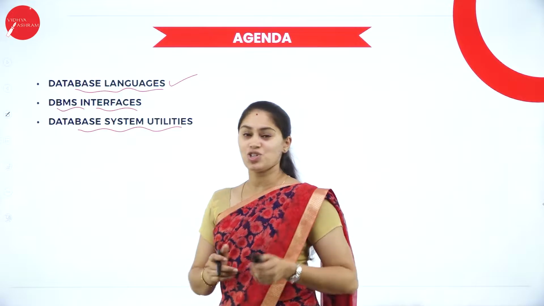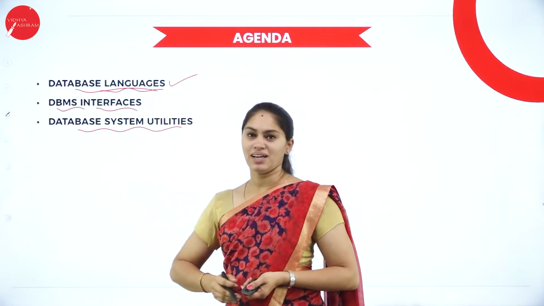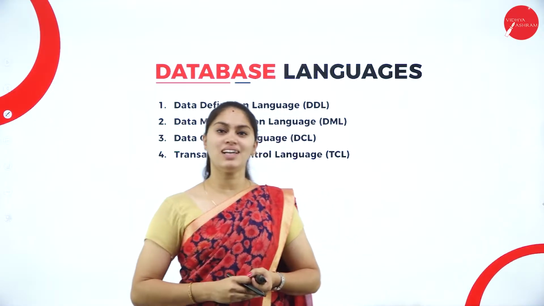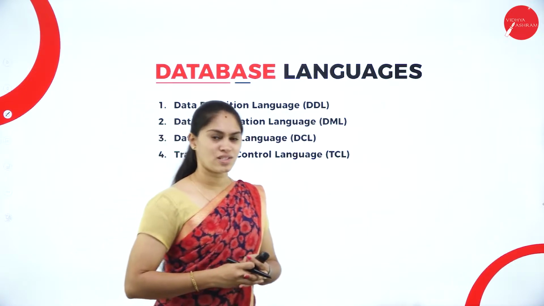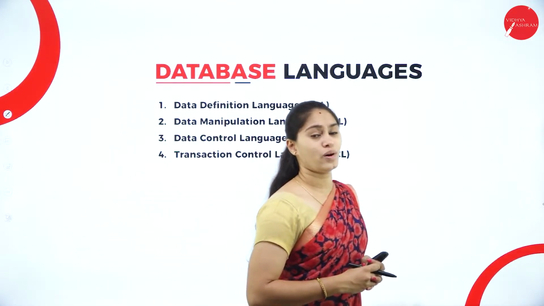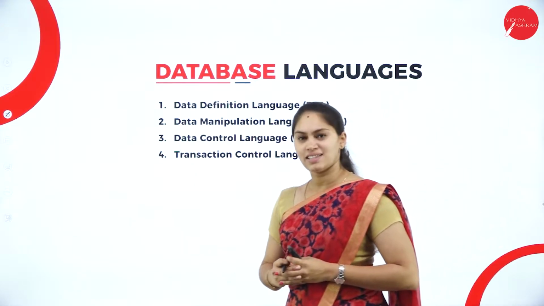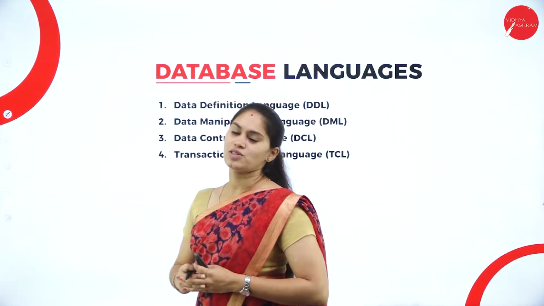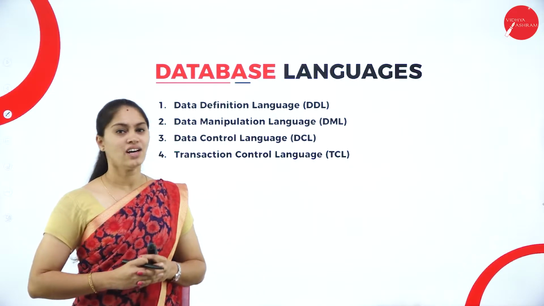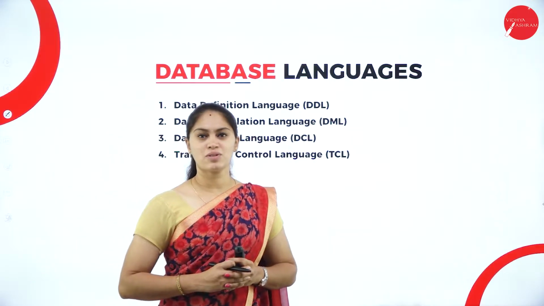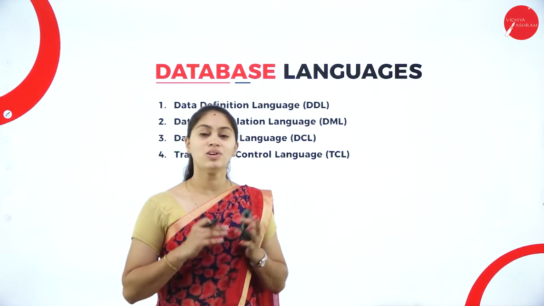Let me get into the session, that is, database languages. As I told earlier, we have different kinds of users and different kinds of users require different kinds of privileges, right? In order to access the content based on their roles or the type of user, we are going to have several types of languages with respect to DBMS.